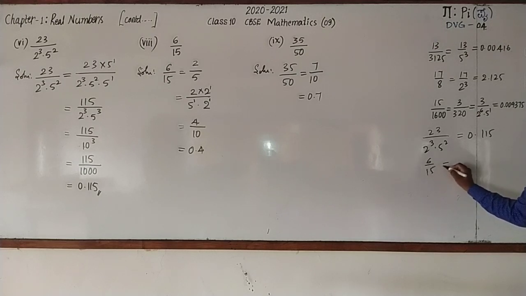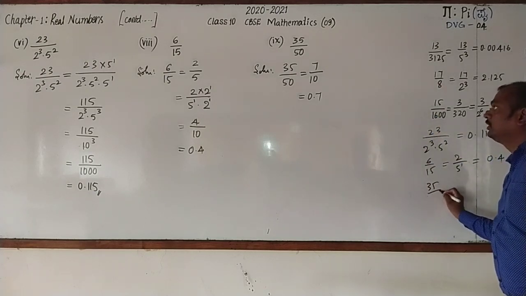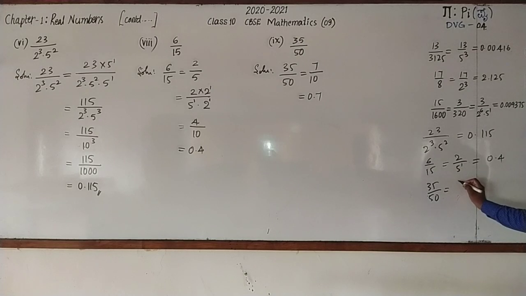It was written as 2 by 5. Power is 1 and it is 0.4. Next, it is 35 by 50. It was written as 7 by 10, and 7 by 10 can be written as 7 by 2 into 5, which is equal to 0.7.